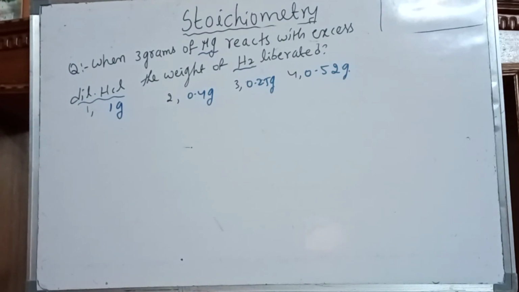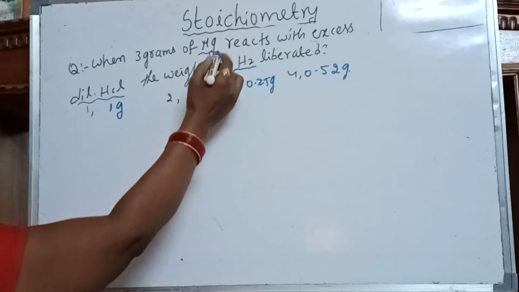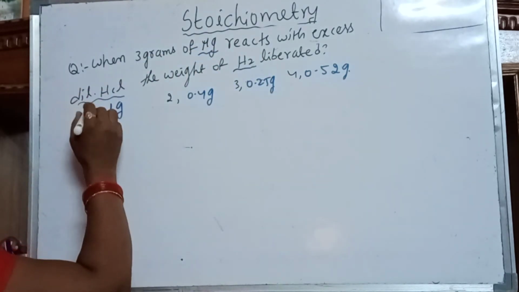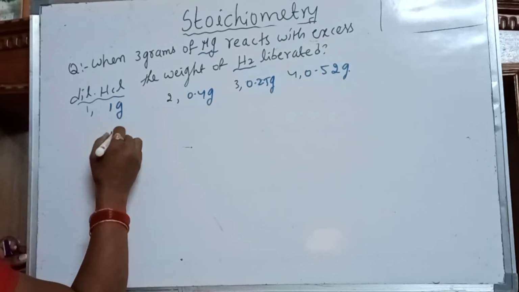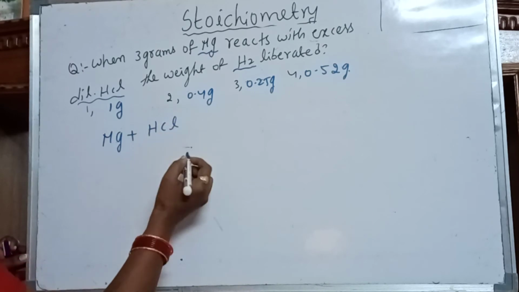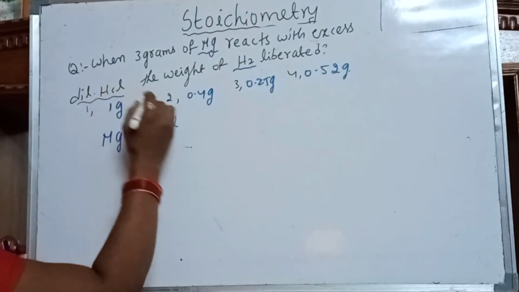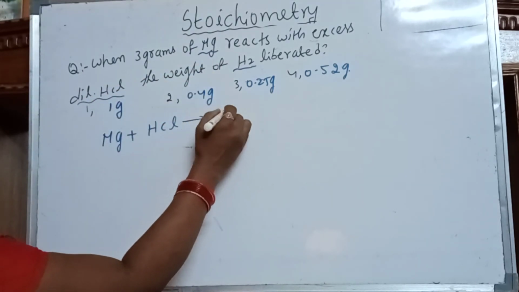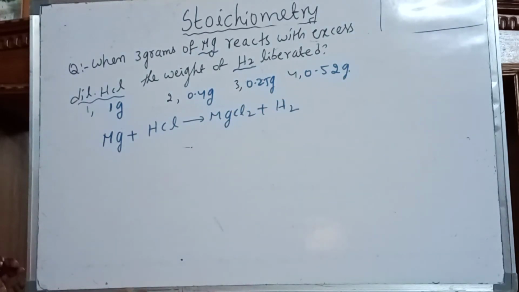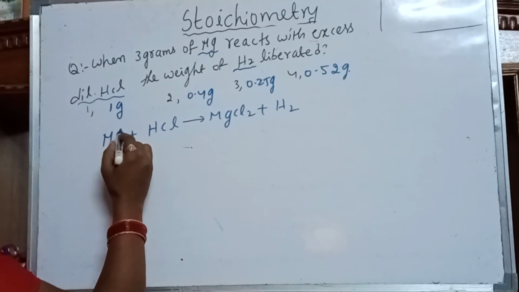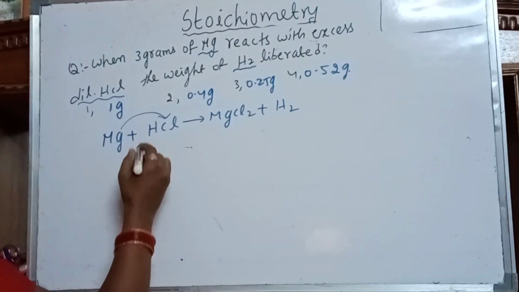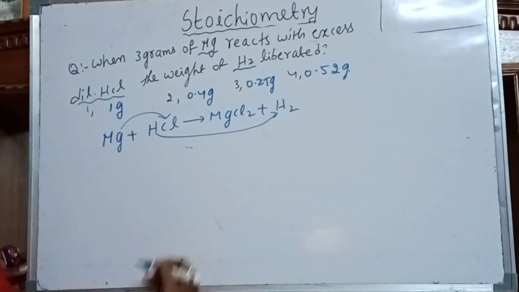That is step 1. What are the reactants? Magnesium, this is Mg, reacts with excess of dilute HCl. Magnesium plus dilute HCl gives MgCl2 plus H2 gas. Simply you have to remember, this magnesium combines with the Cl to form MgCl2 and the hydrogen is liberated as H2.